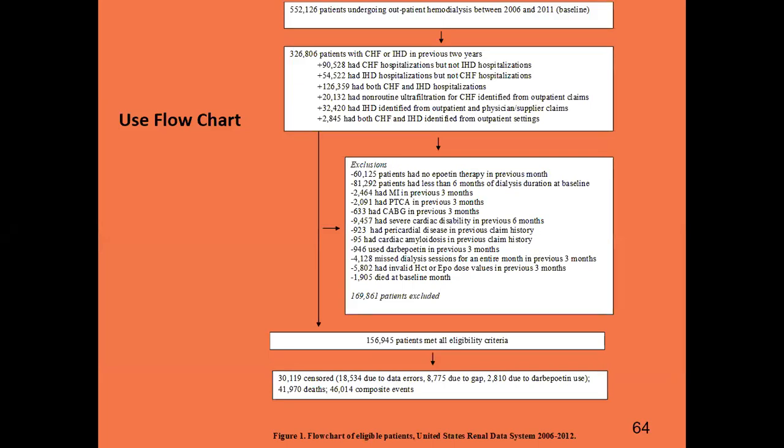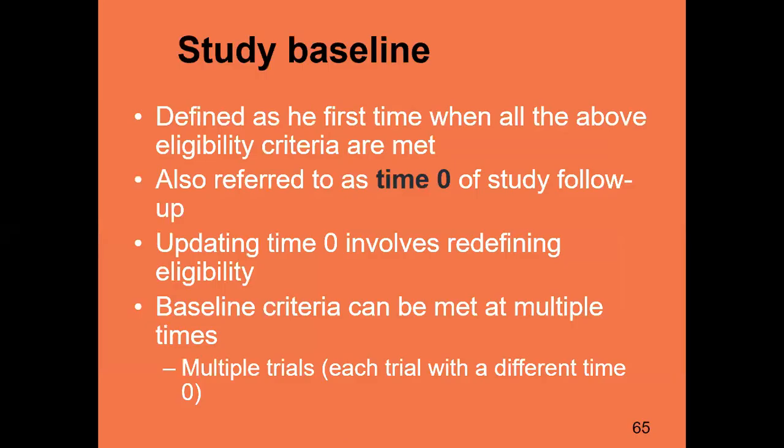This is a flow chart that is very useful and should be included in your manuscript to report your study population and explicit study eligibility criteria, which is consistent with the PICO format. Study baseline is defined after you finish the specification and emulation of the eligibility criteria.